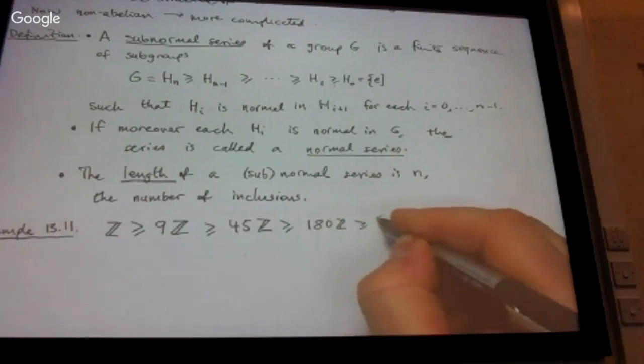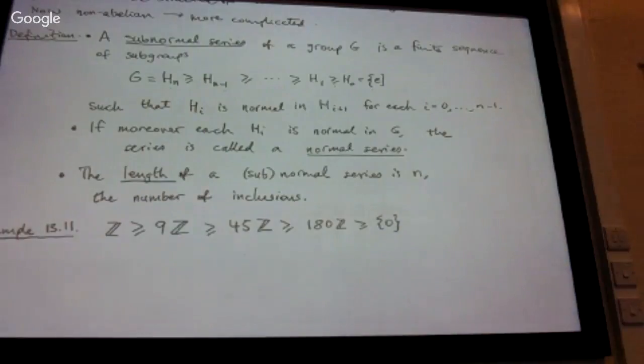And this is just the multiples of 0. Is that a subnormal series? Yes.